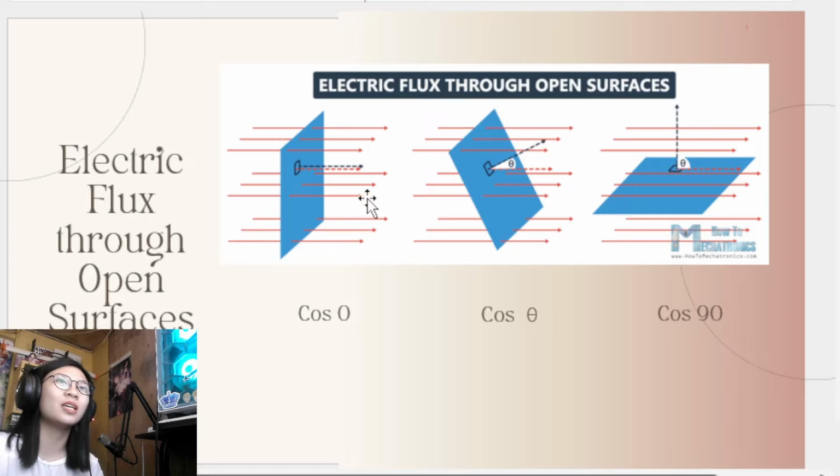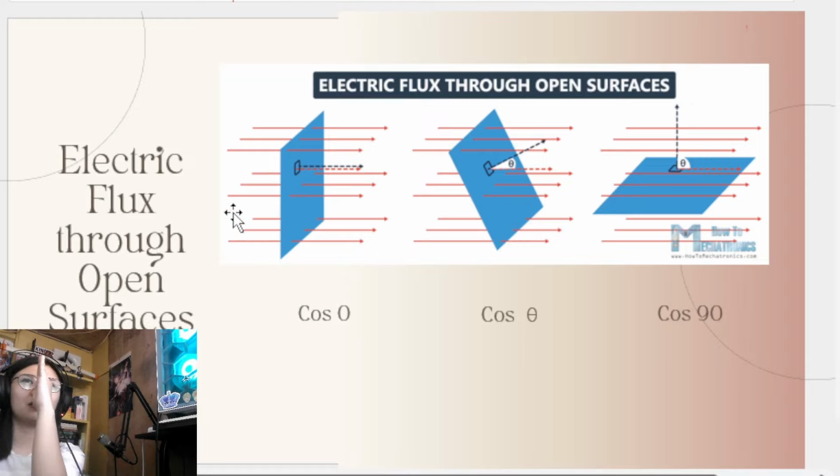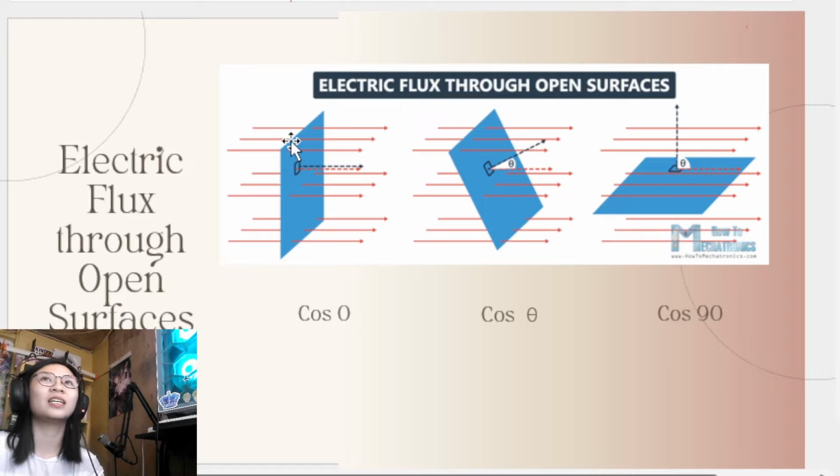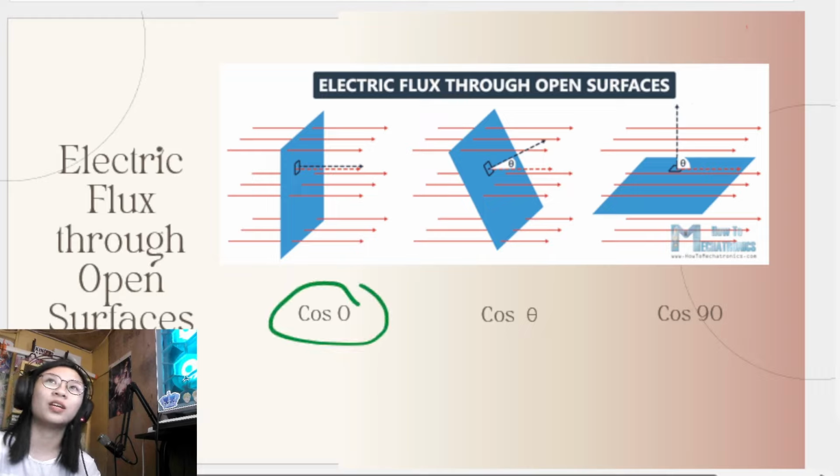So you can see here, the surface is perpendicular to the E. Therefore, A and E are parallel, making the angle between them 0.